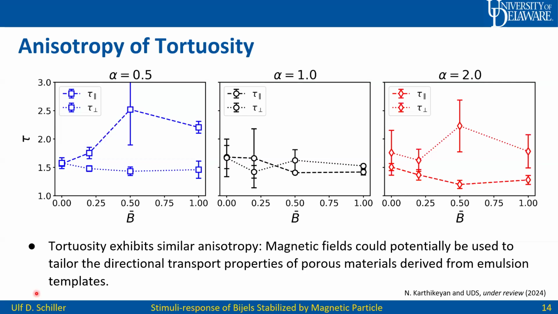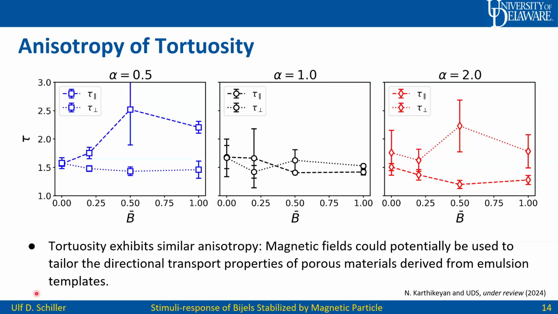Some applications would demand a lower tortuosity, while other applications rely on a certain tortuosity. For example, there are battery materials where the tortuosity has been linked to dendritic growth and the aging of the battery electrode. So being able to control this to some extent is a promising direction.